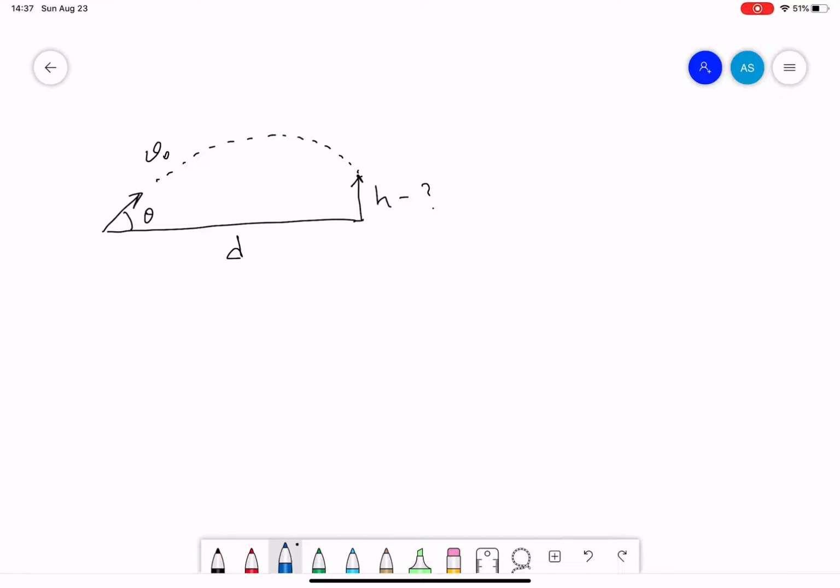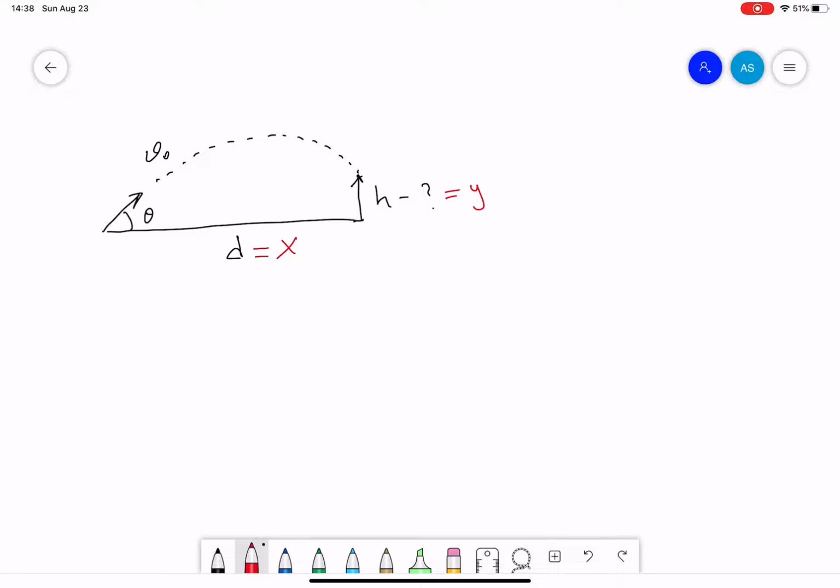Now, before solving such a problem, we have to resolve v into x and y components. We have to write down equations for d and also for h. For simplicity, let's say that d is equal to x and h is equal to y.